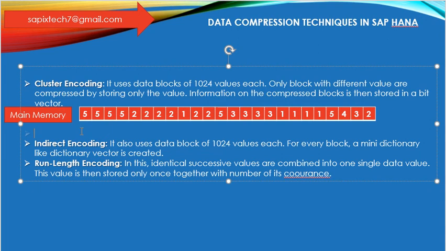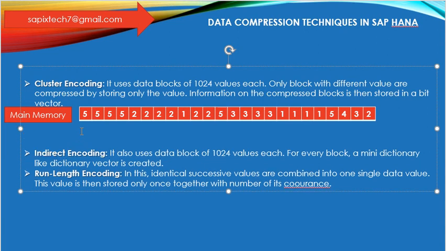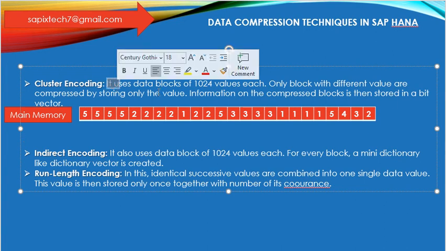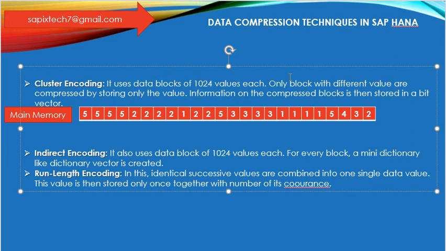But when storing data in main memory, some encoding or conversion process is used internally. So I'm talking about those processes. We have seen prefix encoding and sparse encoding. Now we are looking into cluster encoding. So what happens in cluster encoding? Let's read out what the definition says.